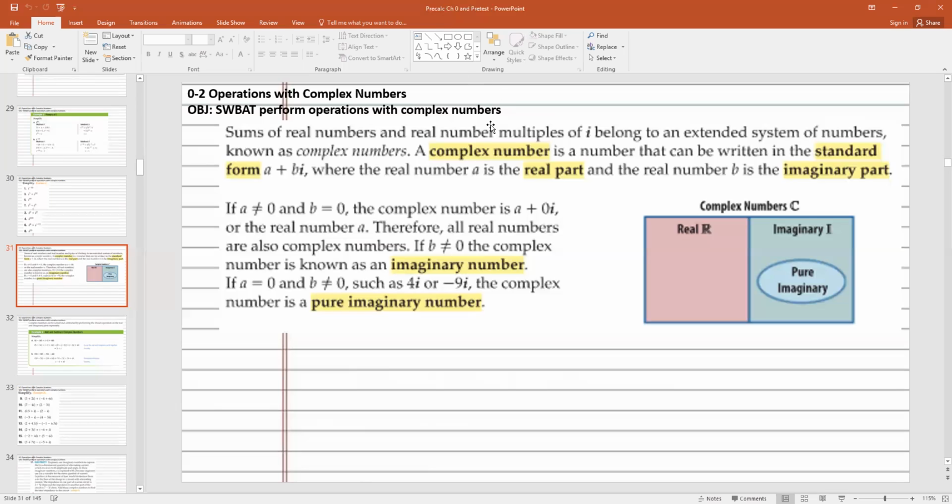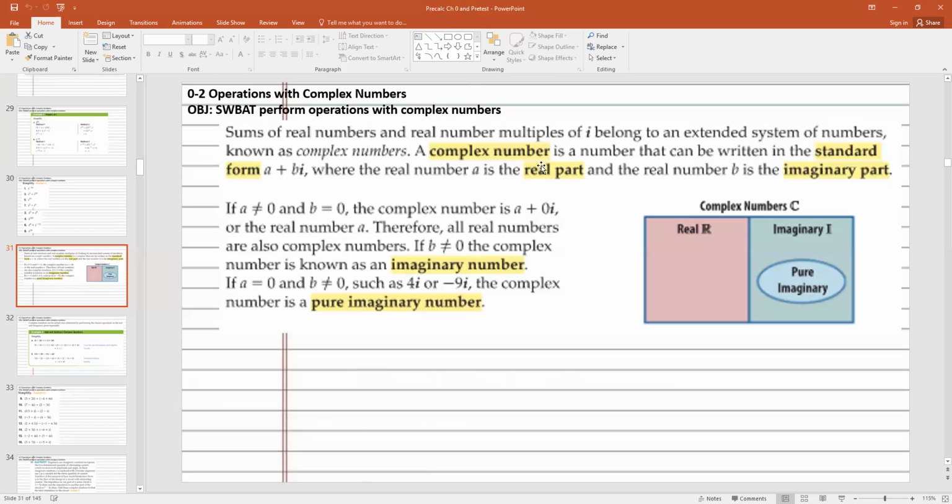Okay, so complex numbers, it can be real numbers with imaginary numbers, or it could just be real numbers are also complex numbers. For example, 1, 20, negative 500, those are all real numbers, but they're also complex numbers.